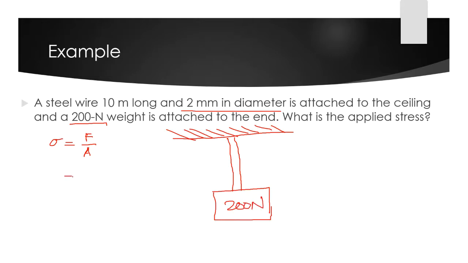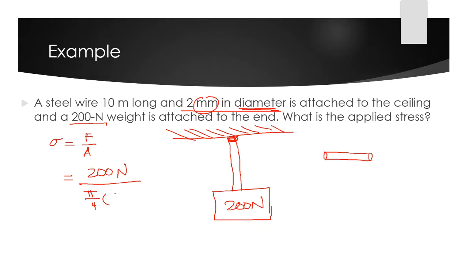So we can just basically easily substitute here the 200 Newton over our area. So the area that we are looking for here is the area of the steel wire. If you can recall, steel wire is circular. Steel wire is something like this. So we'll be using the area for the circle. Since we have a given diameter here, the area of the circle in diameter is just basically equivalent to pi over 4 d squared, but it's in mm.